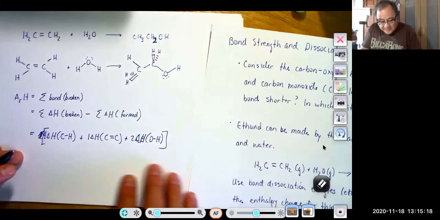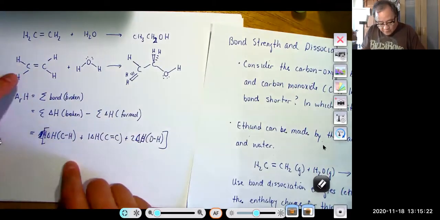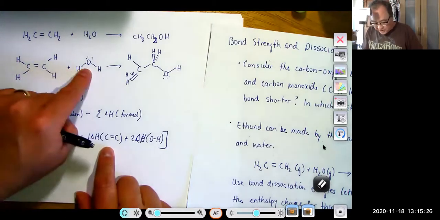So what I'm doing is deconstructing each of those and finding out what bonds I have: 4 carbon-hydrogen single bonds, 1 carbon-carbon double, 2 oxygen-hydrogen singles.